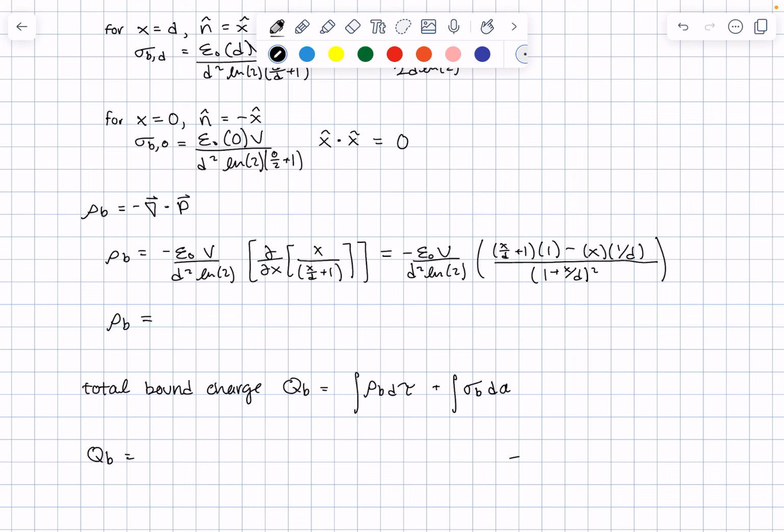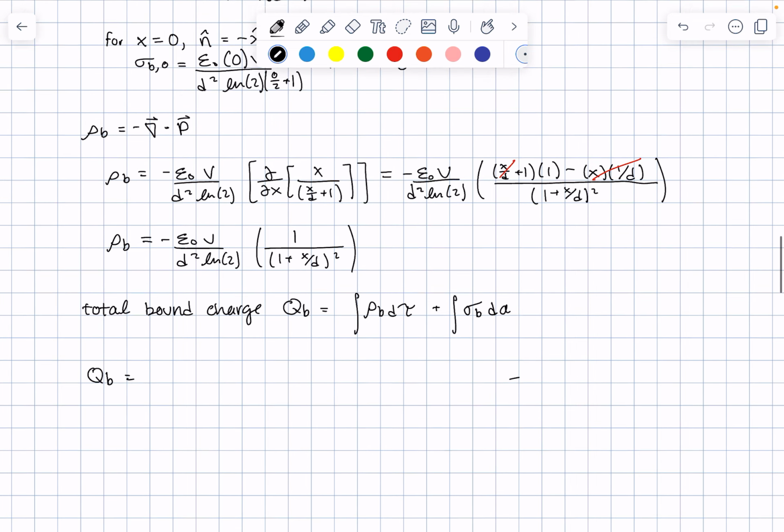And then you can see how on the top we can just cancel out: we have x over d plus 1 minus x over d. So we can just rewrite this as negative epsilon naught v over d squared ln 2 times 1 over 1 plus x over d squared.